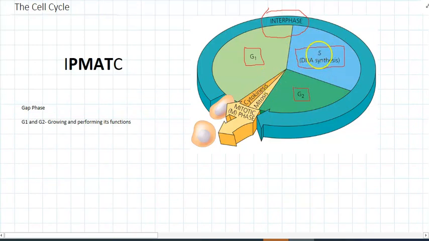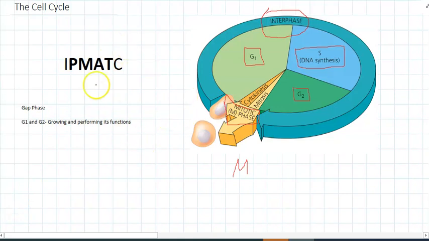Then the cell, once its chromosomes have replicated, it then goes back into the second gap phase, where it goes back to doing its normal job, and it waits until it gets the signal from either outside the cell or inside the cell to then divide during the mitosis phase, or the mitotic phase. So that's what the M stands for here.